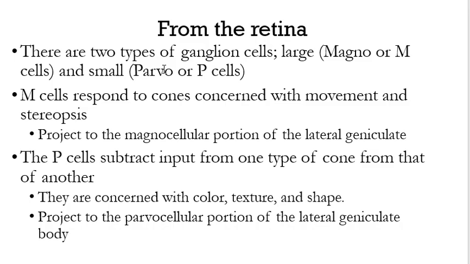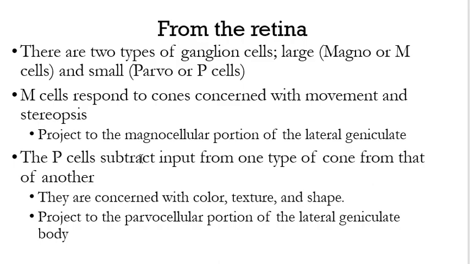Another component I wanted to make sure you know is that the retina also has ganglion cells known as large and small. The large ones are the magno and the small ones are known as the parvo. The M cells respond to cones concerned with movement and stereopsis, and they project to a particular component of the lateral geniculate known as the magnocellular portion.